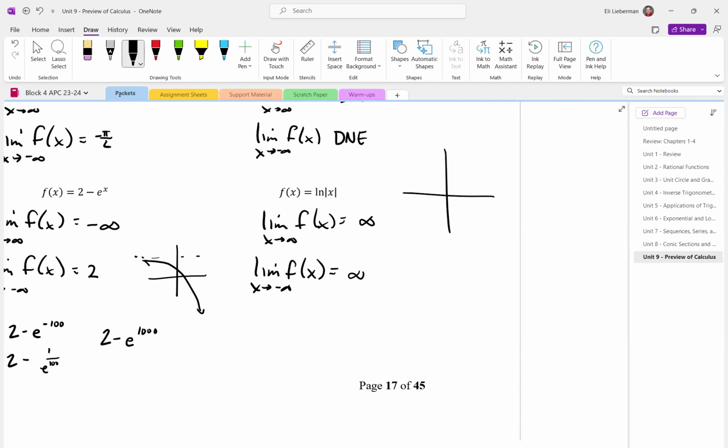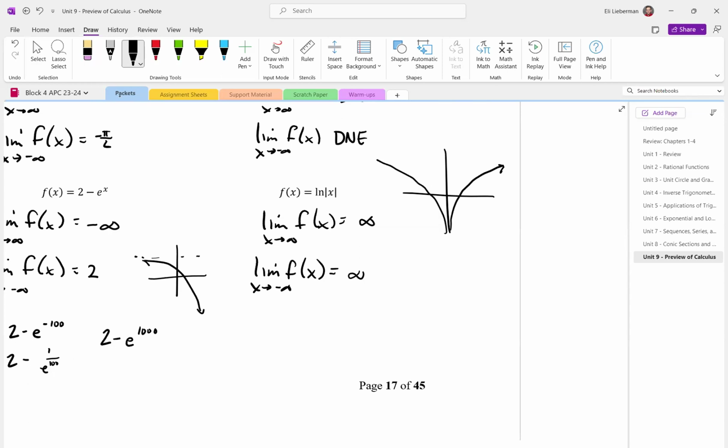Okay. That's good. And if you have a feel for the ln, which hopefully you do, it makes sense that as x is going to infinity, y is also going to infinity slowly, but there's no horizontal asymptote, so it's going to go up forever. And then the absolute value just makes it so that you're plugging in the same numbers. Yeah, it's a reflection over the y-axis.